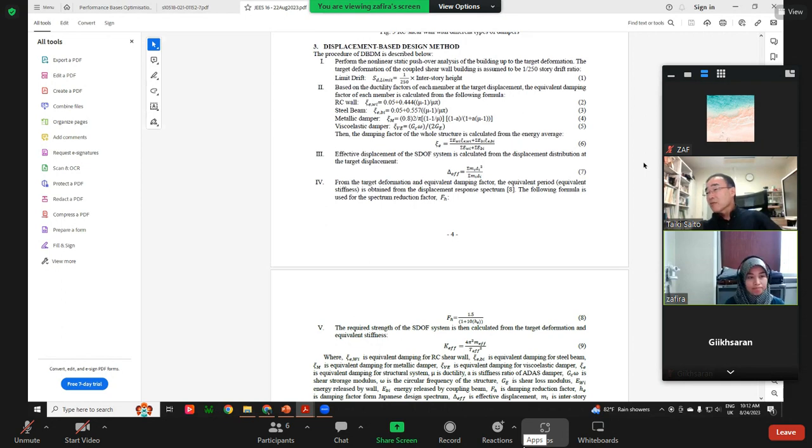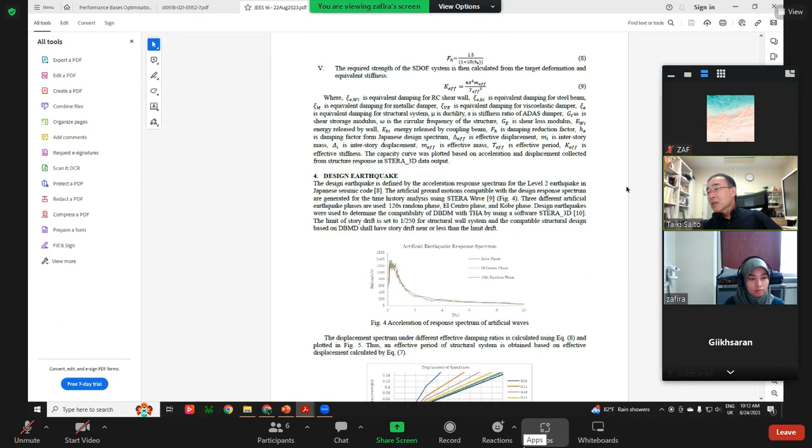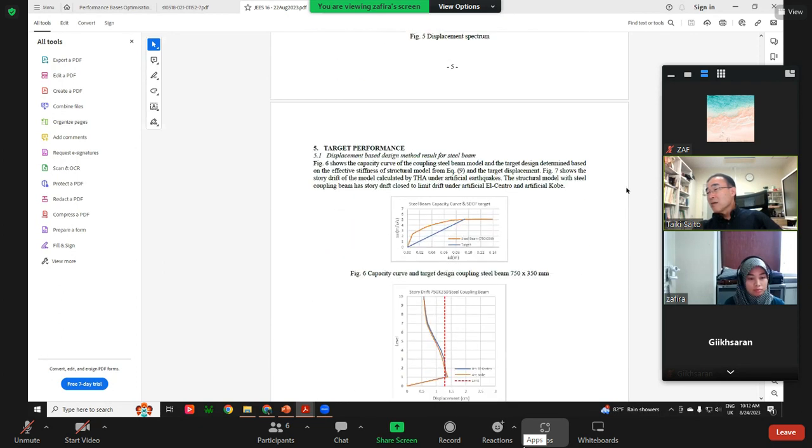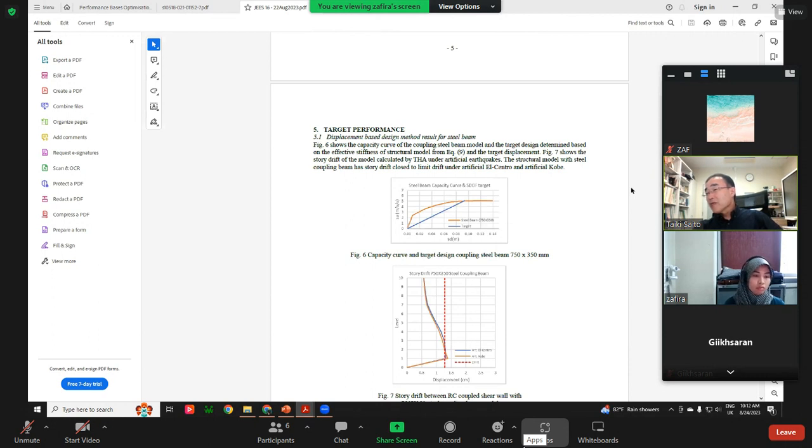Okay, and could you go down? This is the design earthquake. Okay, stop. So this is the result with the coupling beam without any damper, just steel, right? Actually, this result is very good because the estimation of displacement design capacity and the capacity of the pushover match quite well.